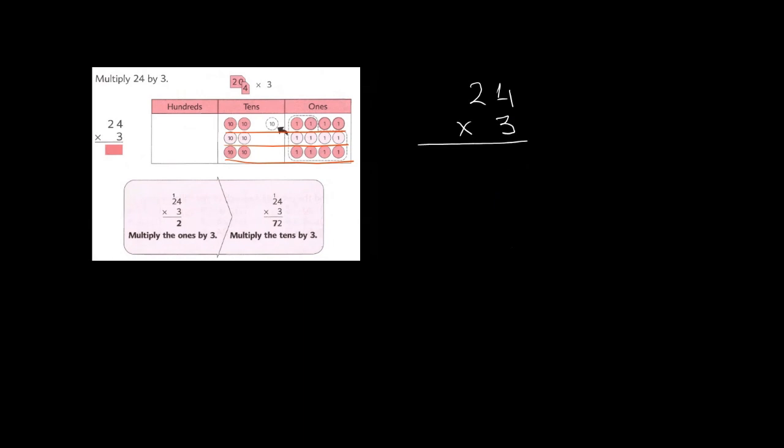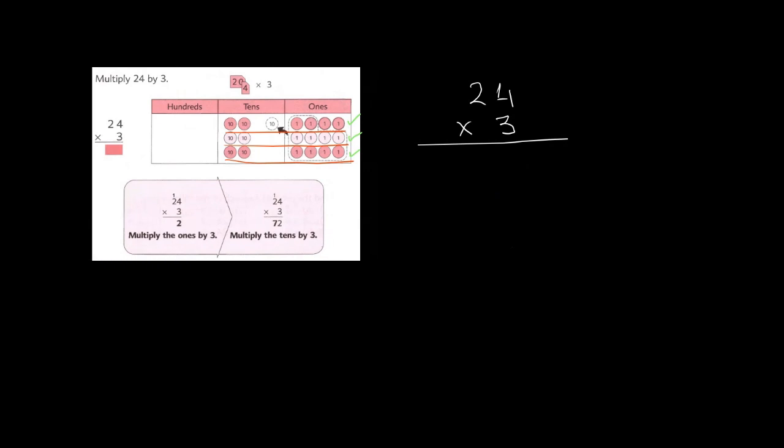If I have three 24s, first I add up the ones. There's one 4, there's two 4s, and there are three 4s. Three 4s are going to be equal to 12 ones.